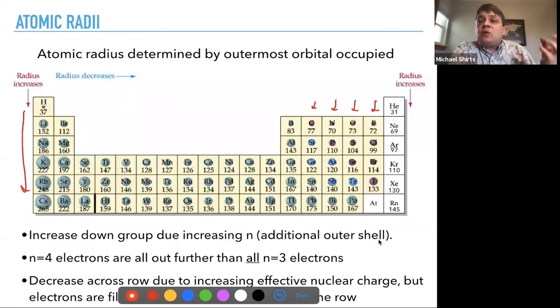So even though we have more electrons, they're going into the same size orbitals and they're feeling pull from more protons. Fluorine has more protons than oxygen does. So that's why the size goes down across the row. As we go across the row, they're feeling the n equals 2 orbitals or n equals 3 orbitals, which are all the same size, but we're adding more protons to pull those electrons tighter in.